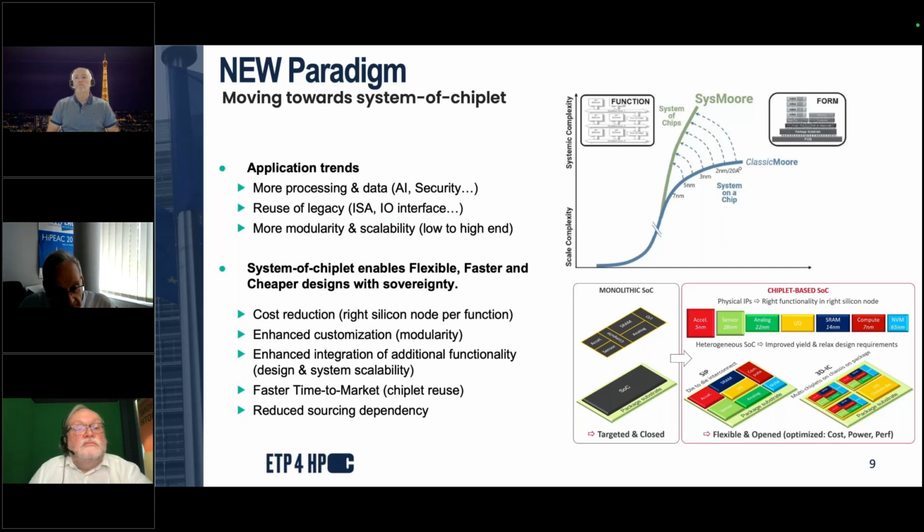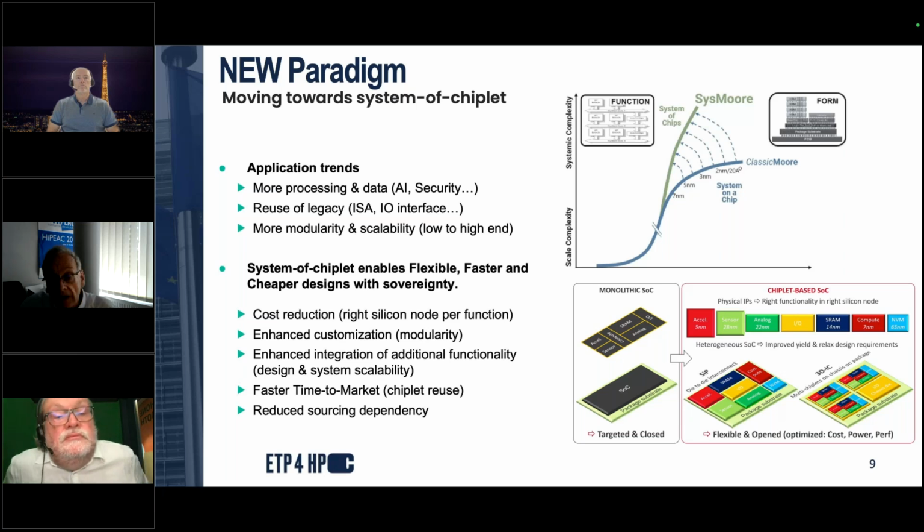If you are using chiplets, each one using the best architecture for its functionality, then you could get a gain here. You also get a cost reduction because you have the right silicon node per function. And also, instead of a very big silicon, where when you have one fault the complete silicon is dead and you have to throw it in the trash, when you have smaller parts, the yield is higher.